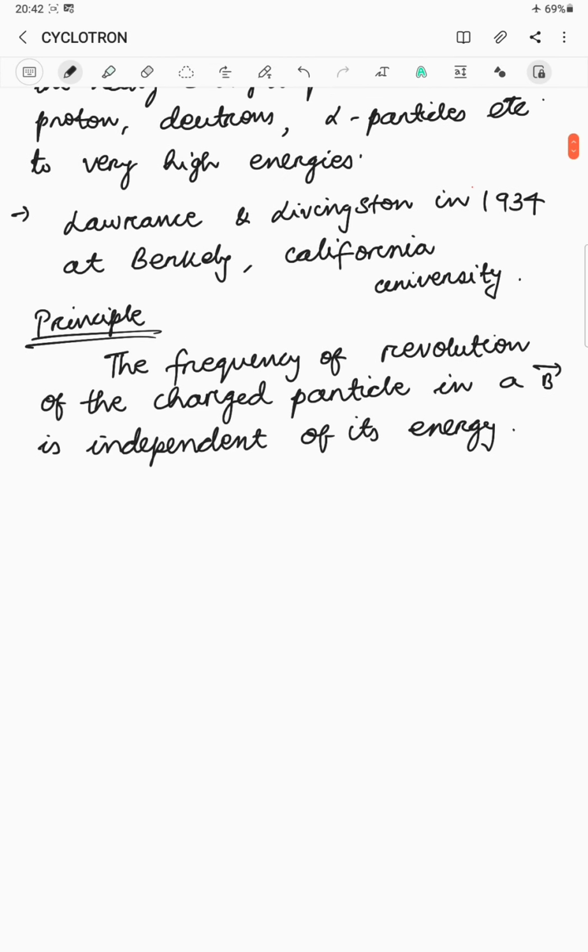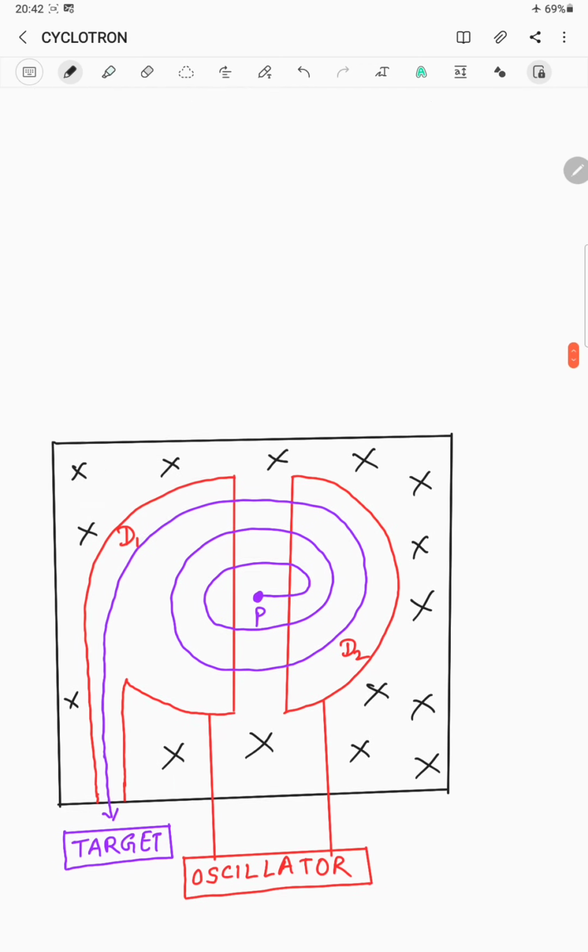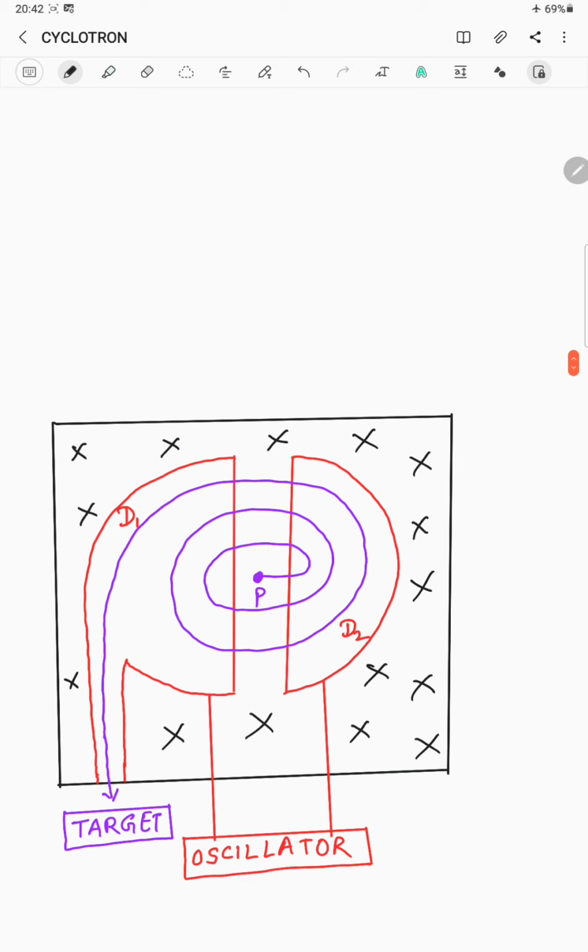Then the next one which comes is your construction. Now how can we design it? So for that we will see that there will be a magnetic field which is cross here. That means the magnetic field is into the plane of the paper. Then we have got two D's. They are called D's because the shape is of a D shape.